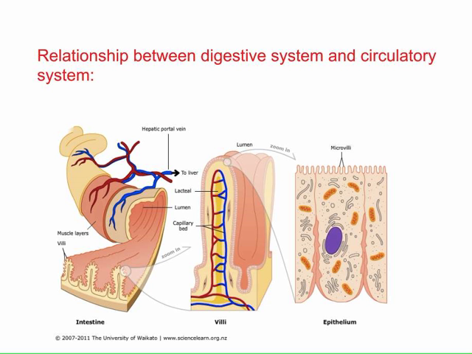The relationship between the digestive system and the circulatory system. So this shows the small intestine. In the small intestine, there are tiny structures called villi. They maximize the surface area of the small intestine.